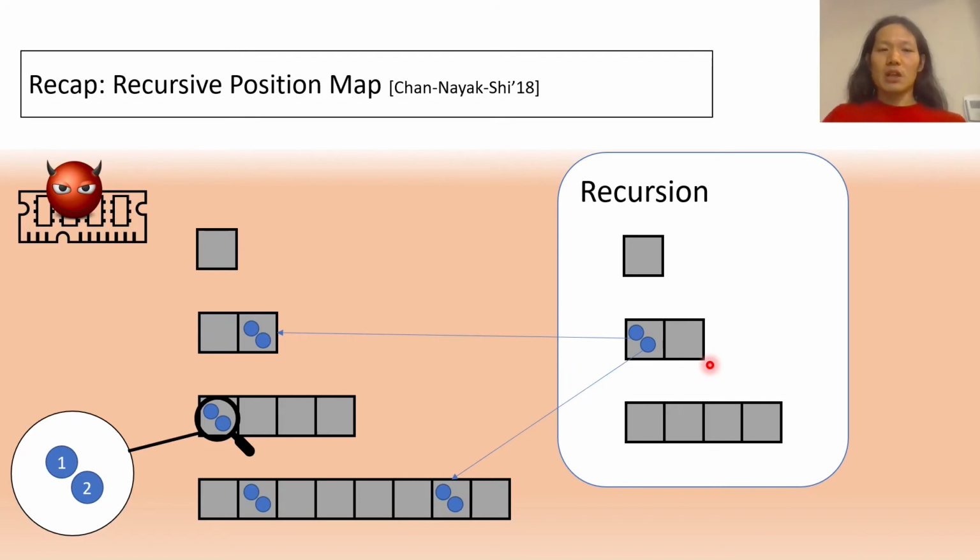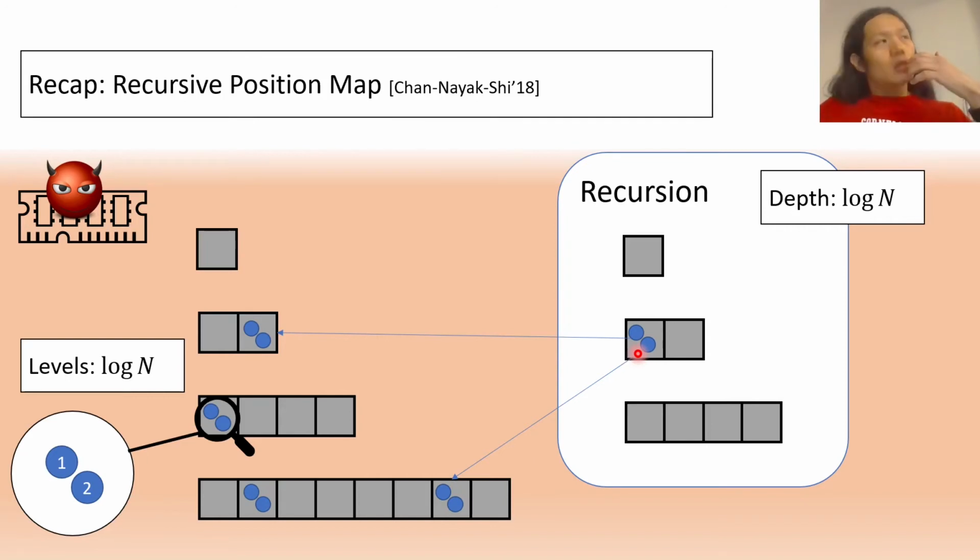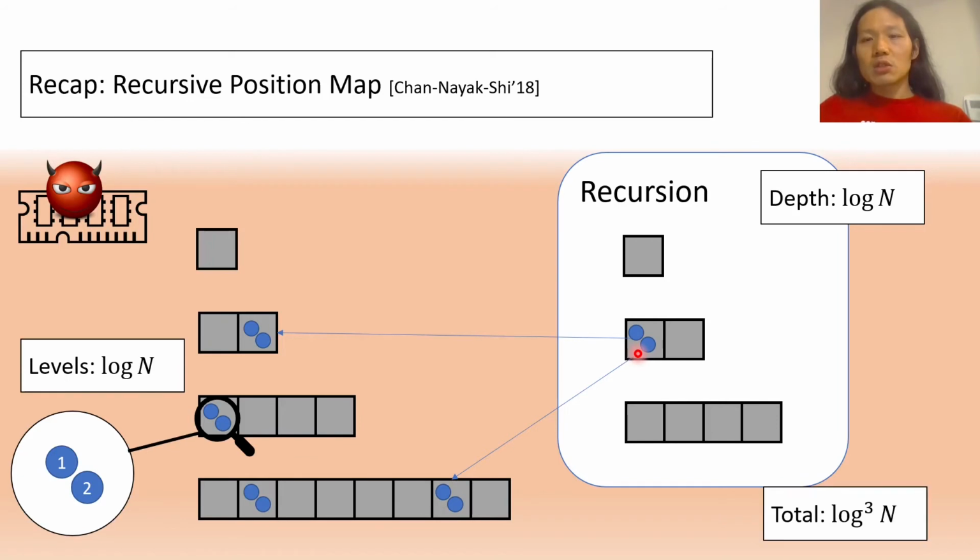So this is a recursive ORAM that stores the position in a larger hierarchy. The recursion stops at log n depth because the problem is reduced by a constant factor every time. And putting together the number of levels and the cost of performing oblivious random permutation, the total overhead becomes log cubed n, as I stated earlier.